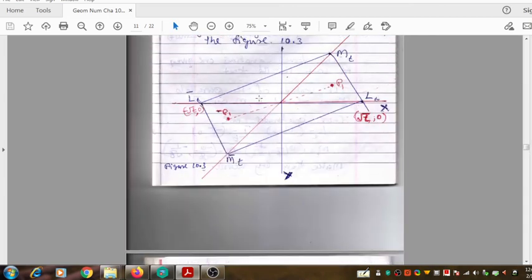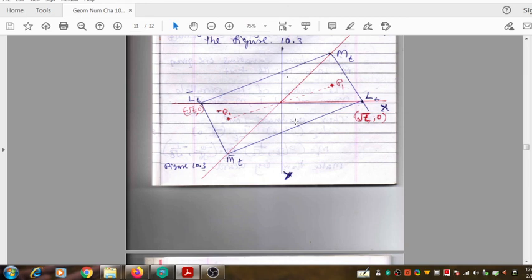Suppose it belongs to the second diagonal. Then P1 and Q1 are the coordinate values, and the y value becomes 0. As a result, Q1 must become 0.